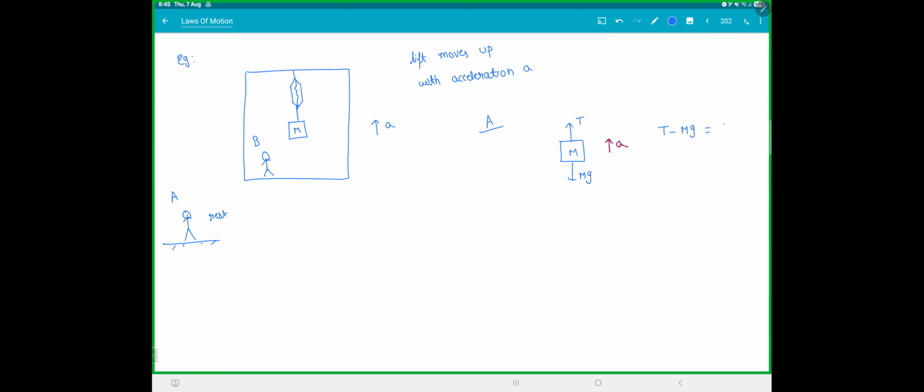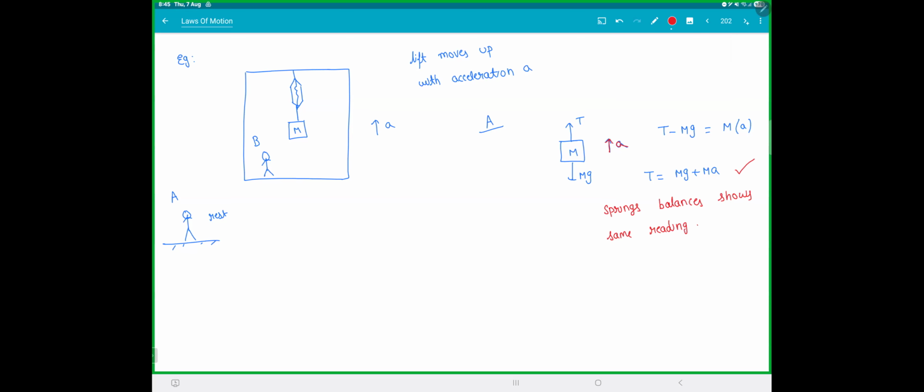That is equal to mass into acceleration. So he will say tension in the string is mg plus ma. And when he actually checks the spring balance, he gets the same answer. The spring balance also shows mg plus ma. So there is no problem. This is what we have been doing so far.